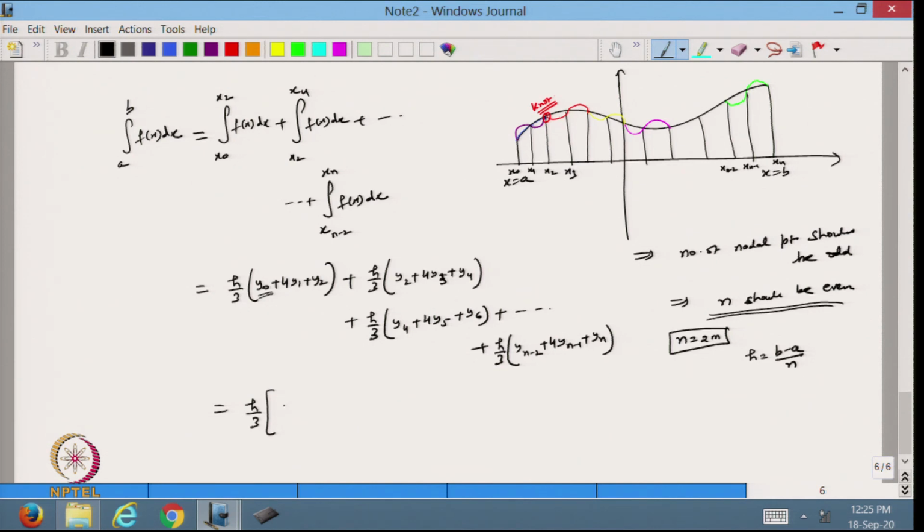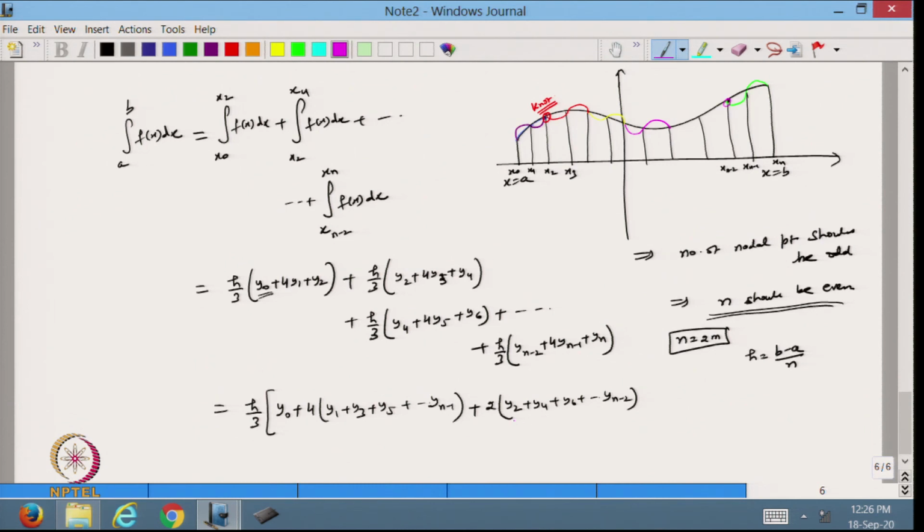So I can write that this will equal y0 plus 4 times the odd values, y1 plus y3 plus y5, in the end y(n-1), plus 2 times the even values y2 plus y4 plus y6 up to y(n-2), because these are the connecting nodes.